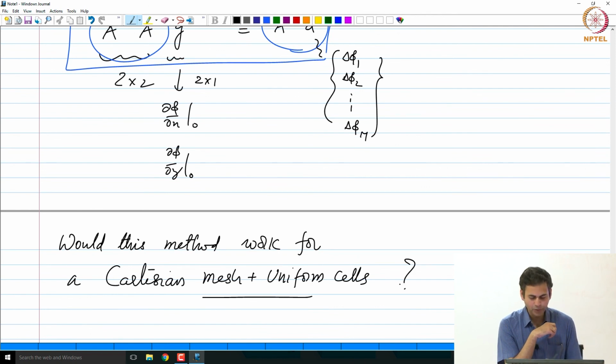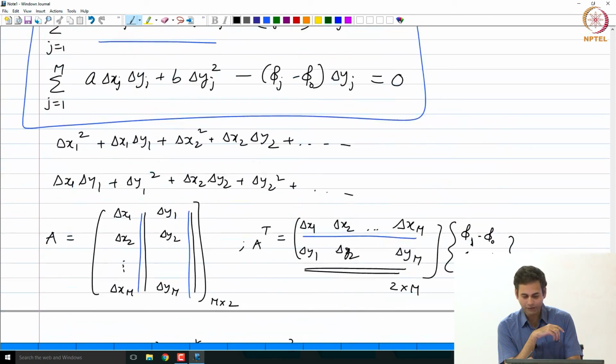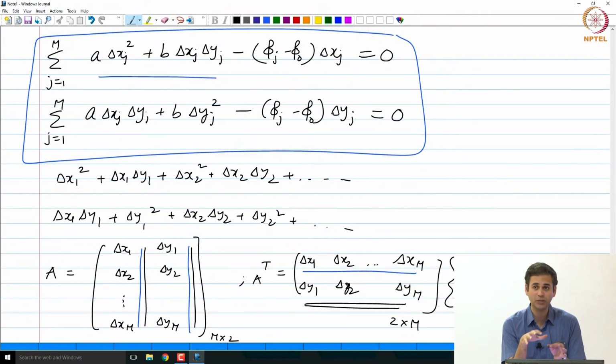Will it actually work for Cartesian structured, or it will only work for unstructured? It should work for Cartesian structured, that is not a surprise. But then what will happen if you have a Cartesian structured mesh which is also uniform?